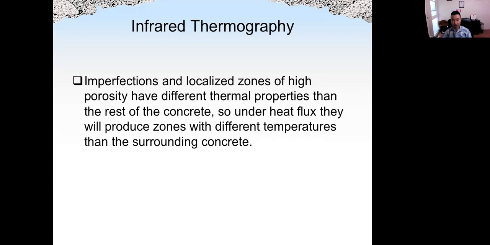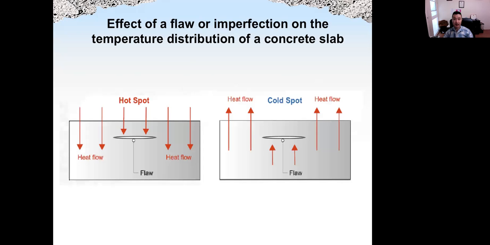If inside the concrete we have two different zones, two different materials with different thermal conductivity and heat capacities, then we can use infrared thermography to detect that. Under heat flux, we need heat flux to be able to use this method, they will produce zones with different temperatures, which can be detected by thermal cameras.